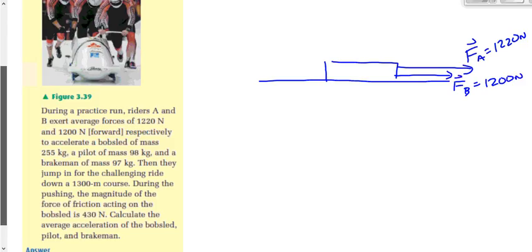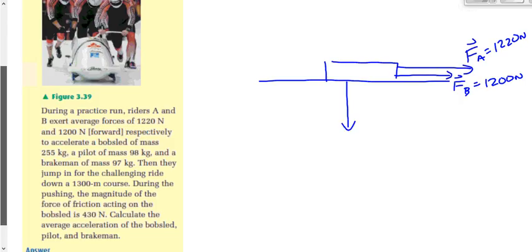Any more forces acting here? Yeah, there's a couple things actually, two or three more things. What else is acting here? Yeah, normal force and force of gravity.